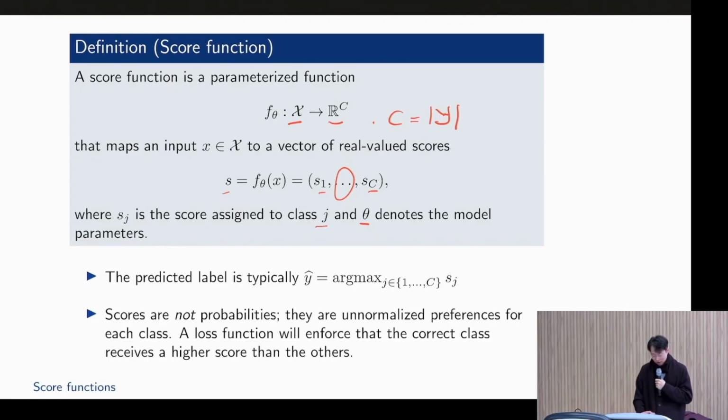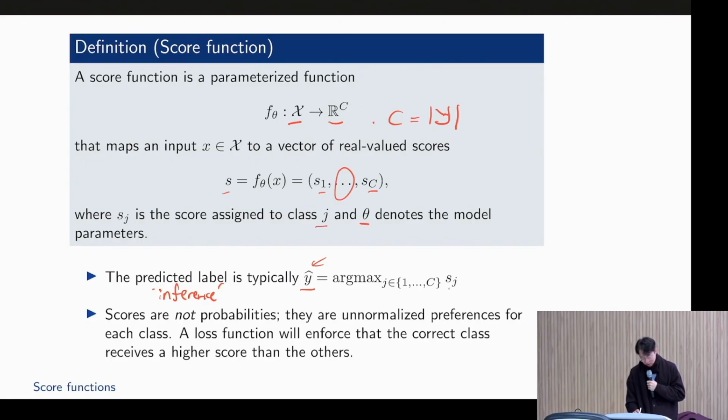Once you have this f, let's forget about training f. Let's say somebody gave you an f. How do you predict the label? In other words, how do you run inference? In machine learning, the notation is that if you put a hat, that means a predicted label.